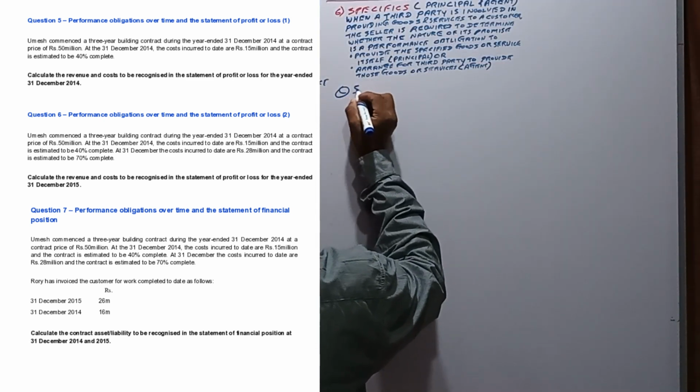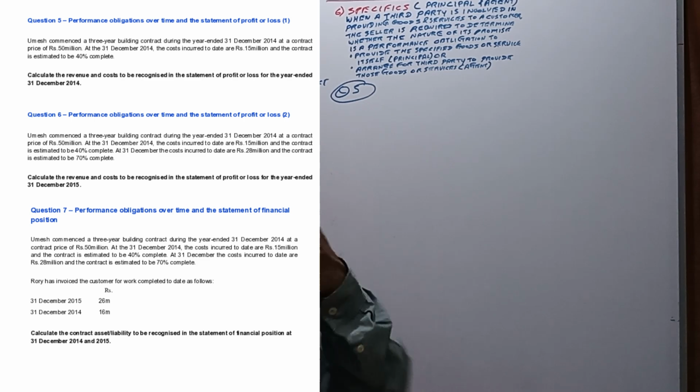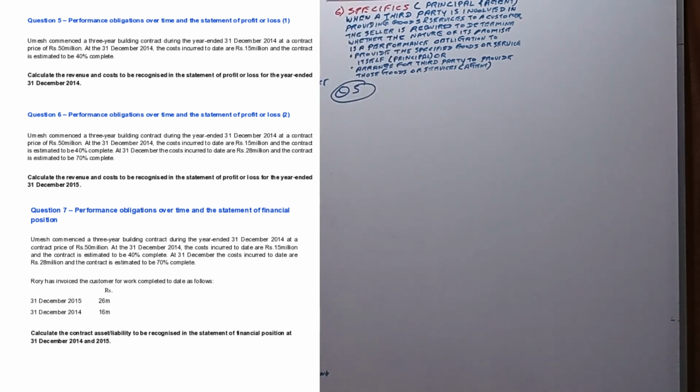Question number 5. Performance obligation over time, and the statement of profit and loss, at the point of time and over the period of time, right?